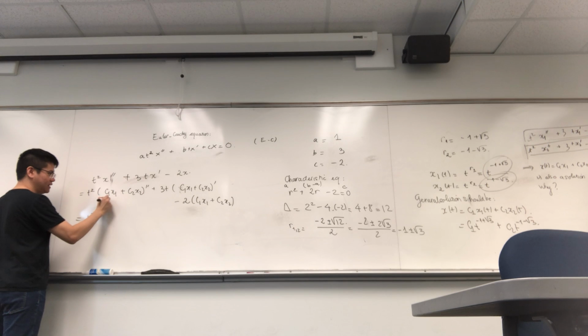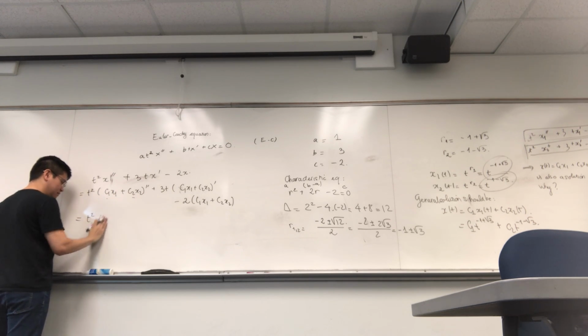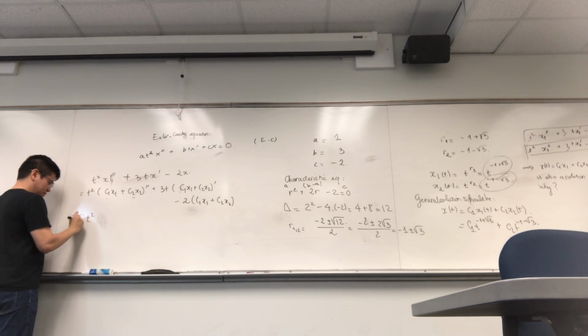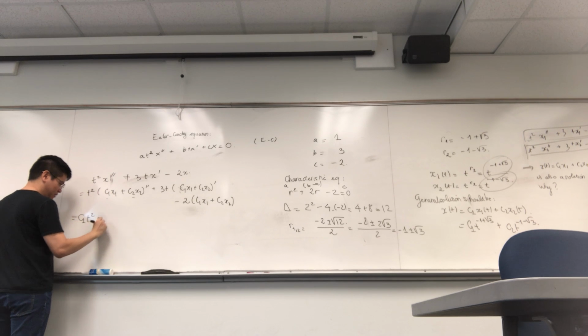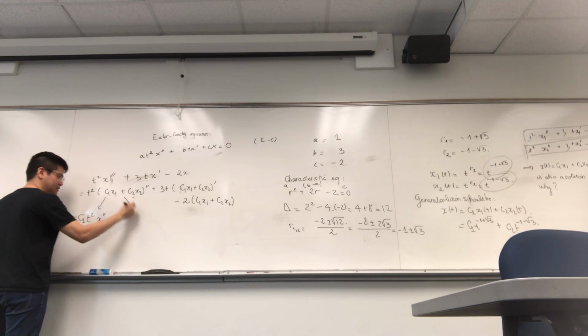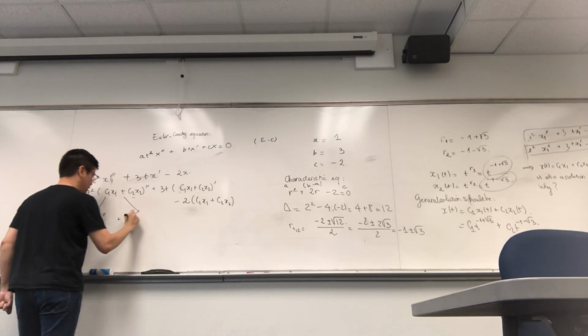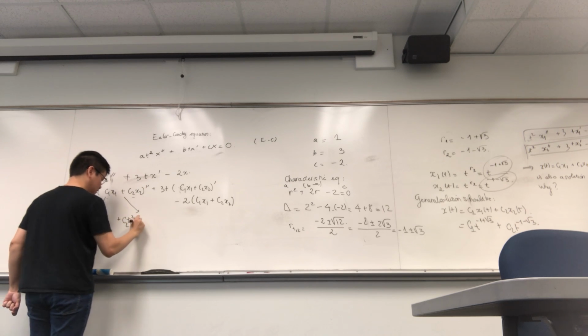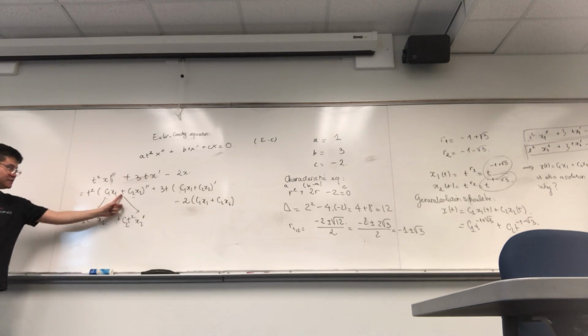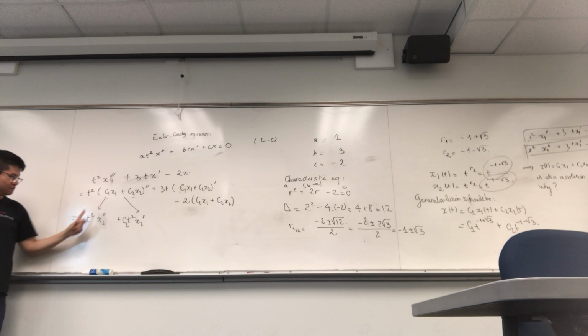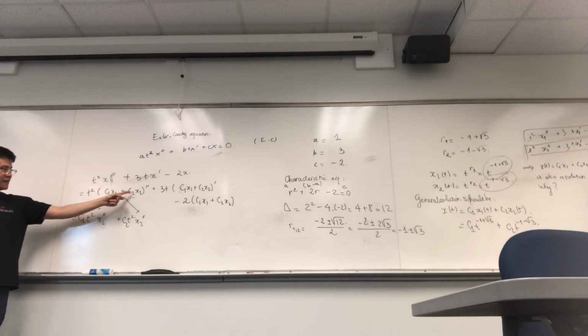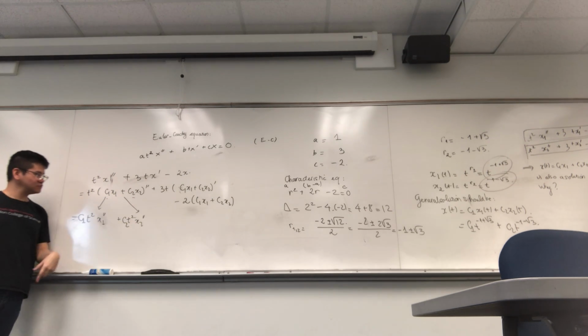So you have t squared, this guy gives you c1 x1 double prime, right? And then this guy gives you t squared c2 x2 double prime. So this gives you c1 t squared x1 double prime, because c1 is a constant, and this gives you c2 t squared x2 double prime.